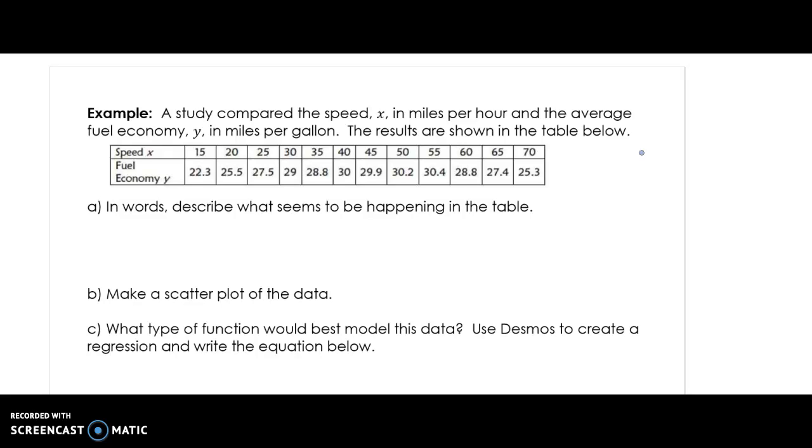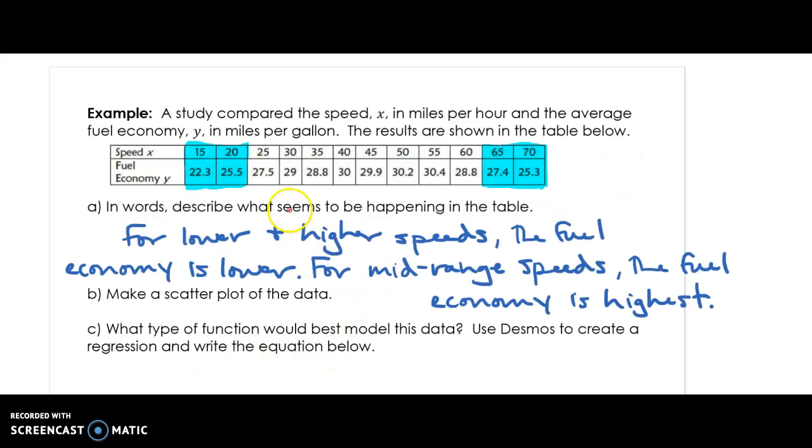We want to think about what seems to be happening in the table, and mainly, as our x values go up, what do we notice happening with our y values? What I notice when I look at this data is that as my speed is starting to get a little bit higher, but it's still pretty low, like we're at 15 miles per hour and 20 miles per hour, my fuel economy is pretty low.